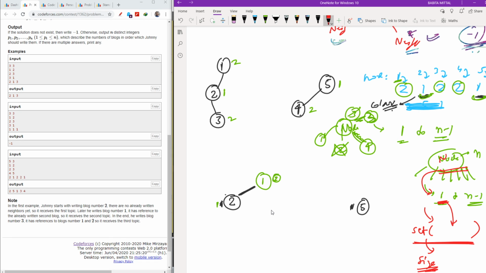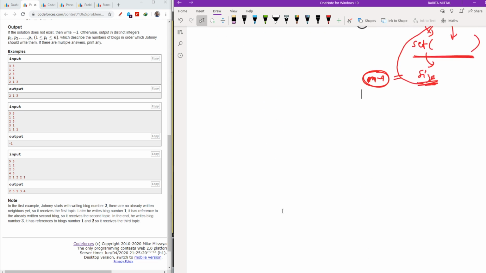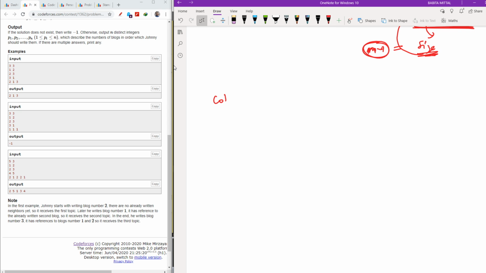It will indicate that I should obtain exactly n minus 1 values. So first thing first, the color of the neighbor should be less than the color of the node. Then I will do set.insert of the color of the neighbor.